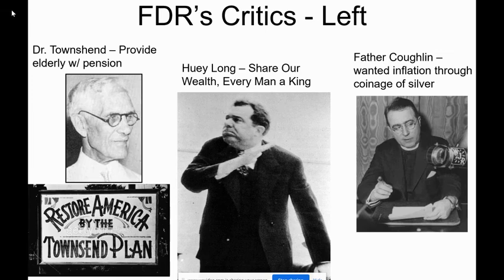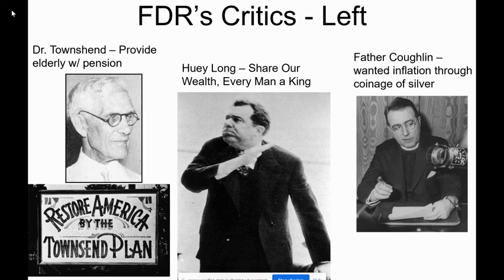So Dr. Townsend, you can see, his big idea was we need to help the elderly. And so really the idea that he comes with out of California is this idea for old age pension. Now, hopefully you guys know this today as Social Security, but this is something that FDR is going to say, okay, this guy is becoming very popular. He could be a threat to me politically.